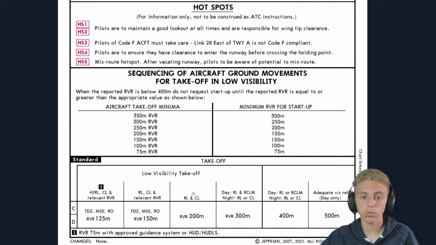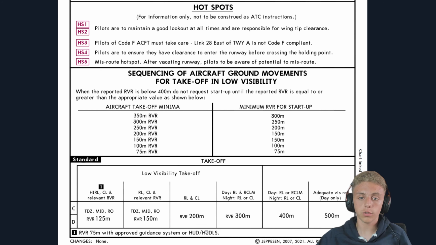During the day and night, with runway lightings and centerline lightings, the RVR needs to be 200 meters for a plane to take off, for both Class C and D aircraft, Charlie and Delta aircraft, and with runway lightings, centerline lightings, and relevant RVR, a plane has to have an RVR of 450 meters.